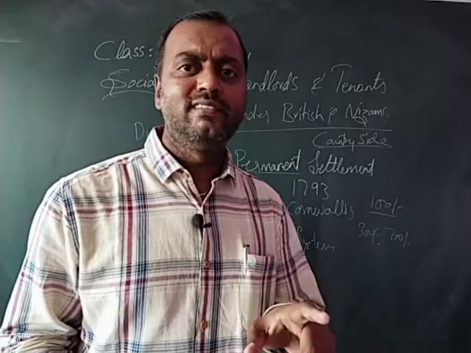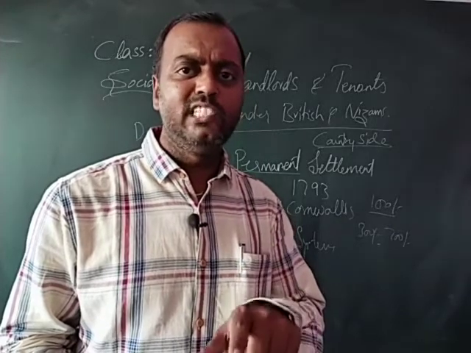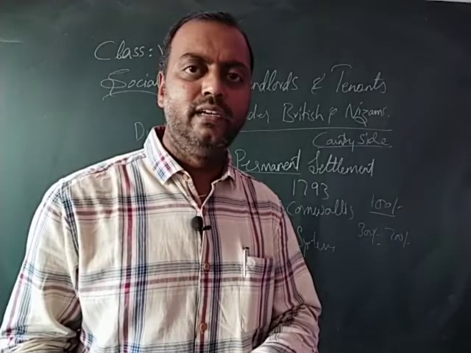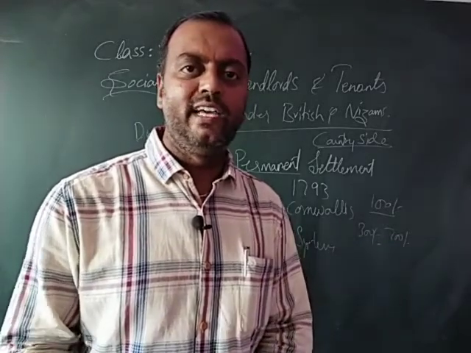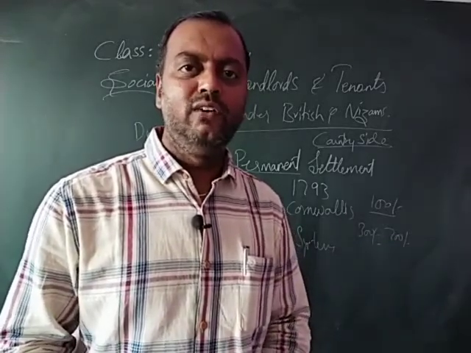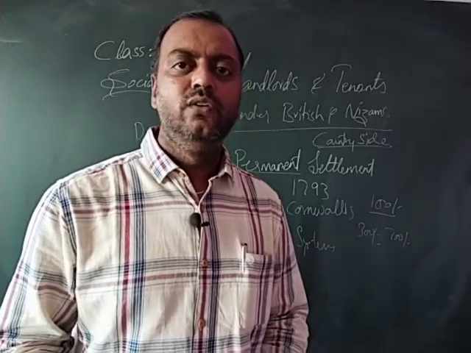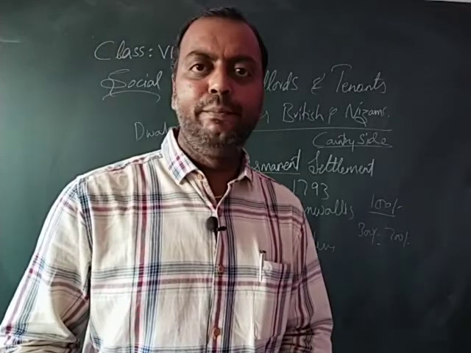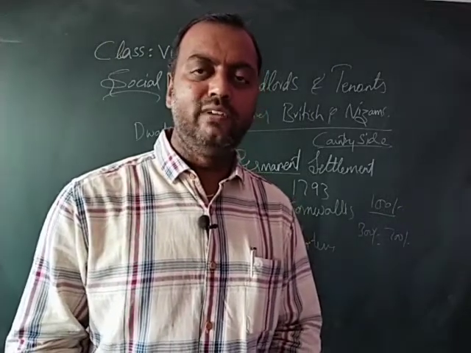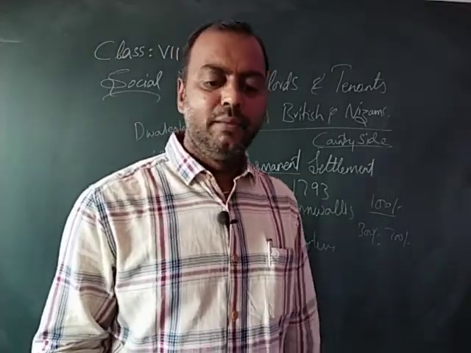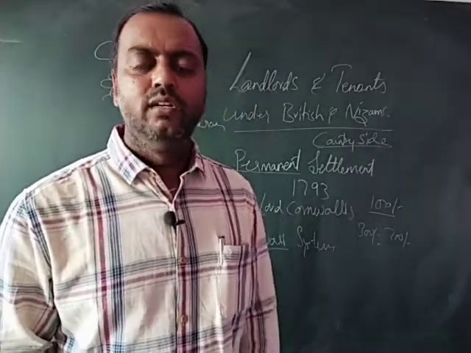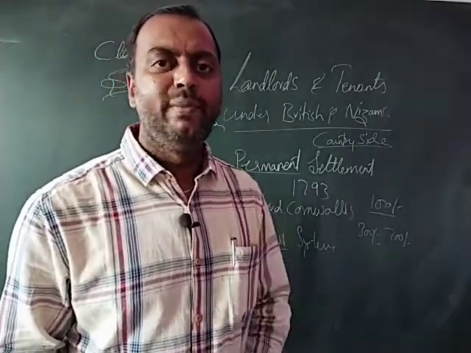So these 12 annas they used to fetch at the time of the civil war, but after the end of the civil war in 1865, when everybody started cultivating cotton, the prices fell and they had to sell it at only 4 annas. This was not enough to pay back the loan they had taken from the landlords. The money lenders became richer and richer because they gained more and more grip over the peasants.